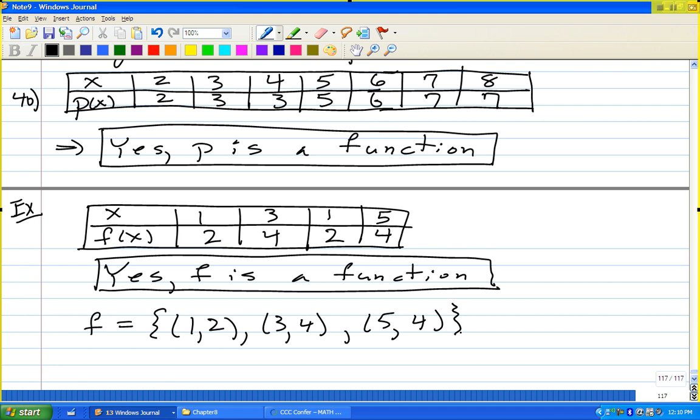And so, when I write a set, I do not write duplicates, so there is no repeat in the first coordinates.